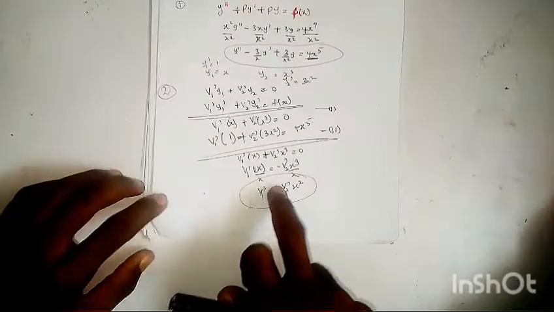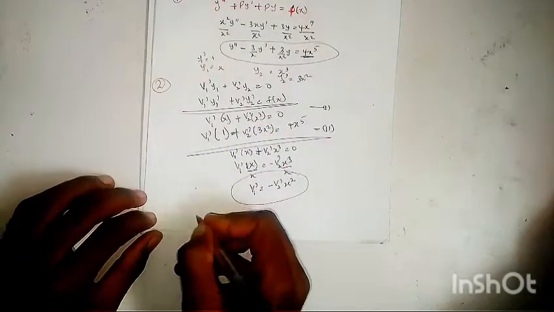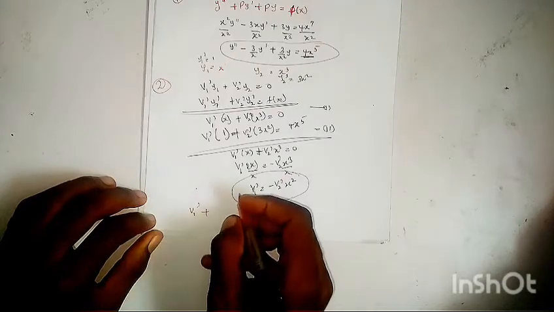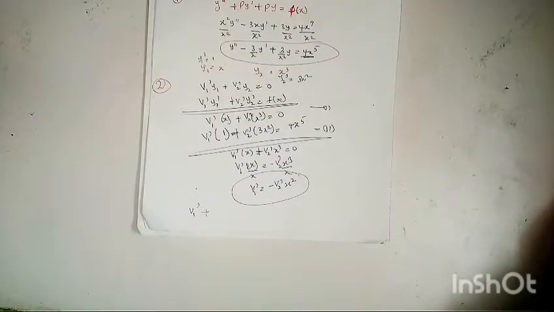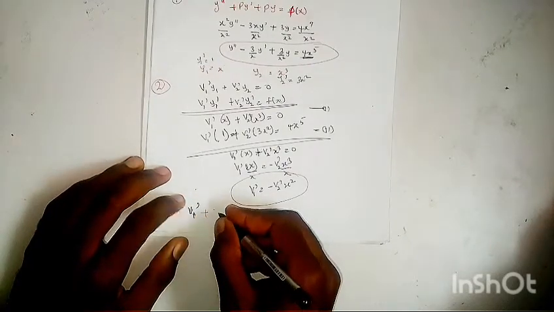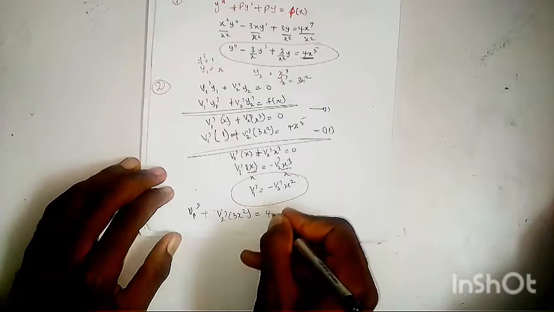Now substituting this equation into my second equation, v1 prime y1 prime plus v2 prime y2 prime equals 4x raised to the power 5.